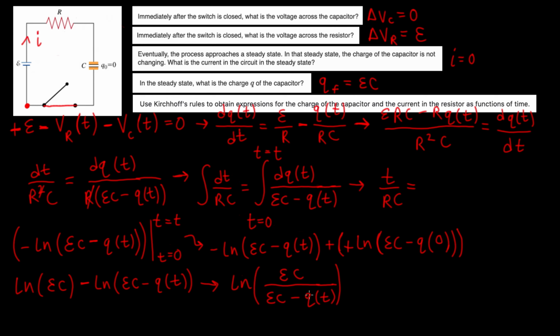And so this final natural log expression right here that we came up with is the result of our earlier integral that's circled in red. The earlier integral that's circled in red, we evaluated into this final expression right here. And remember that t over RC was the result of this integral right here.